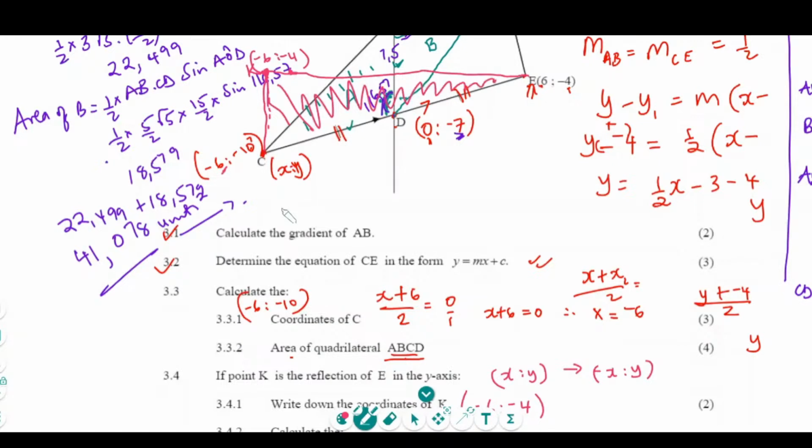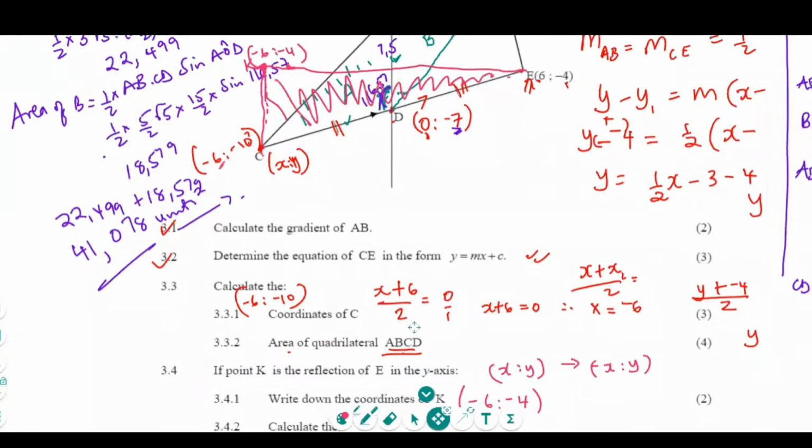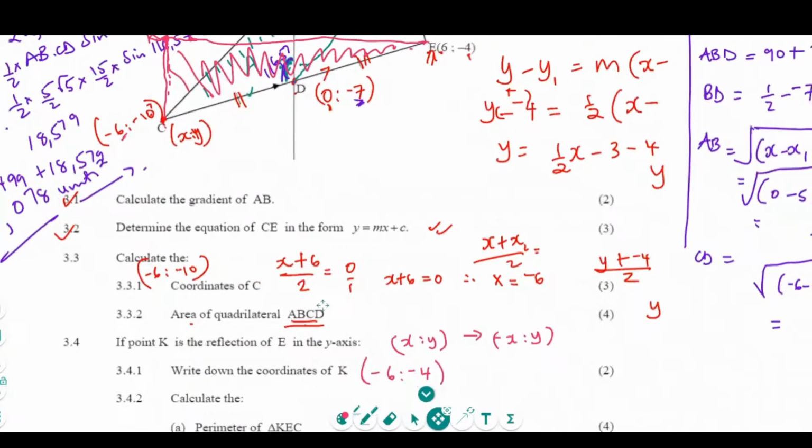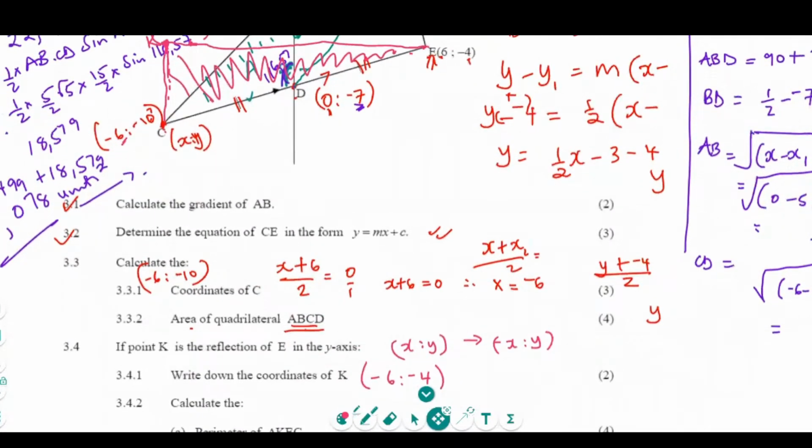So we need the distance of CE. We can get the distance of this, we can get the distance of that. Okay, so what are we gonna do? Horizontally, we know that if this is a -6, this is a +6, so it's like 6 units and 6 units, which is 12, which means KE is gonna be 12 units.